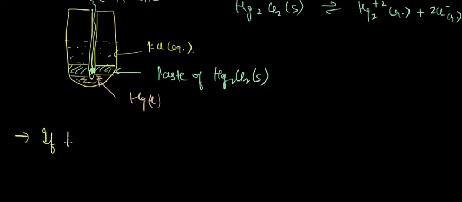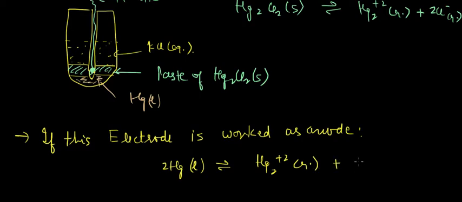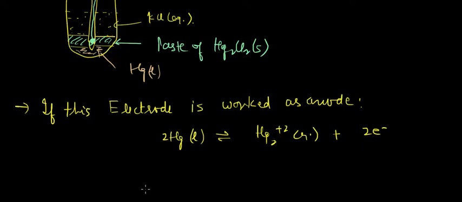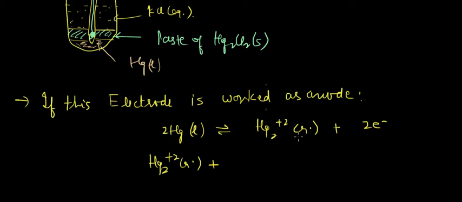So if this electrode is worked as anode, then we can write that 2Hg(l) would form Hg2 2+ aqueous with the loss of 2 electrons, and the Hg2 2+ would combine with Cl- to form Hg2Cl2(s).